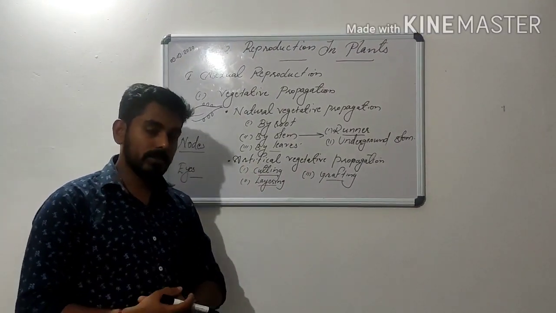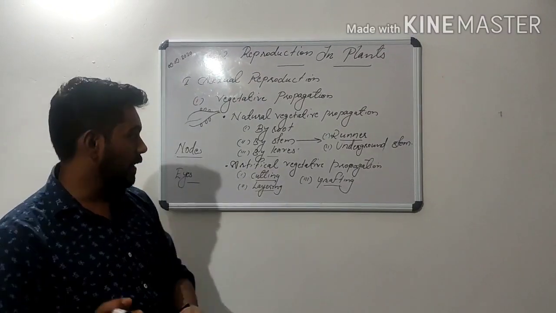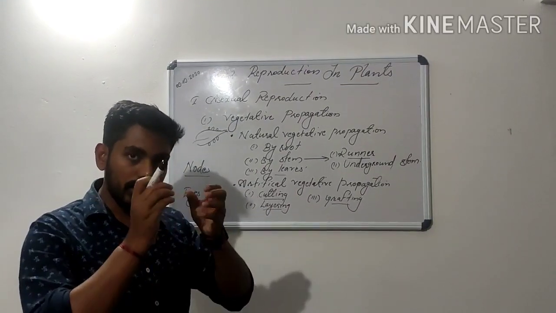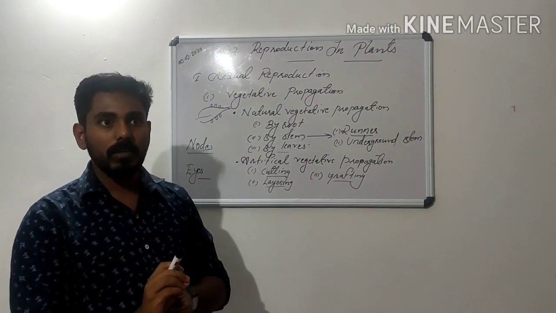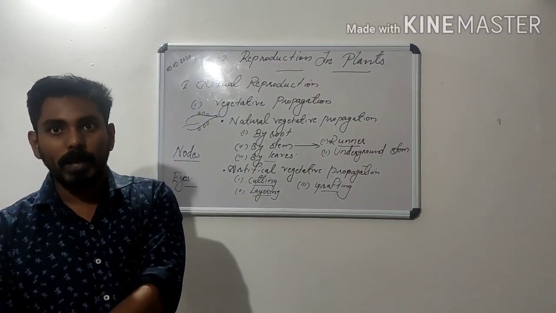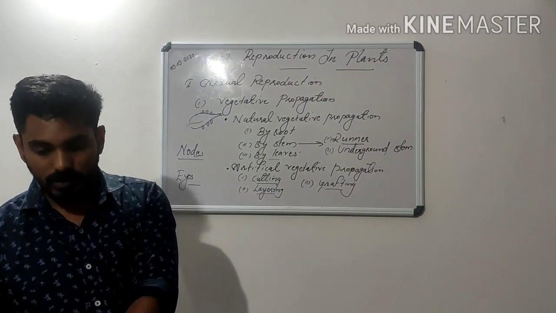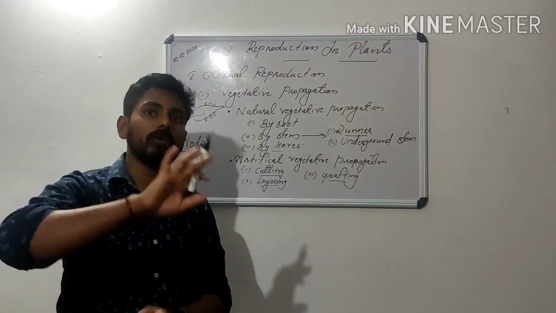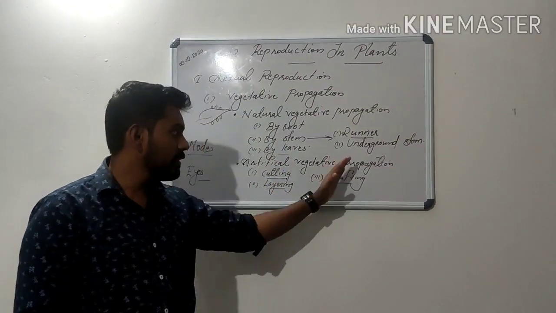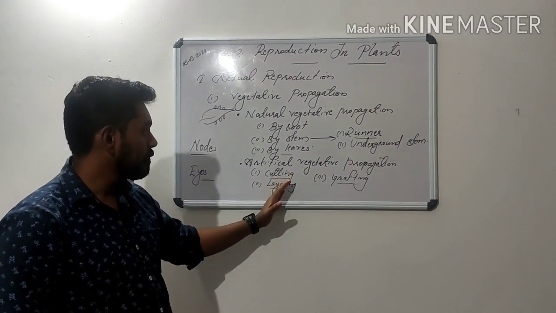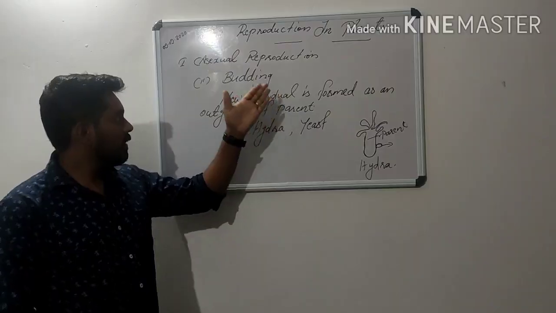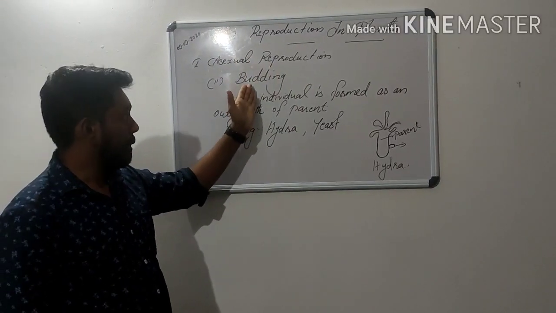You can see that different colors of rose are made by cutting of its stem. When we cut the stem, it contains small parts on it. This stem will be planted in the soil at another place, and the stem will grow into a new plant. So these are cutting. These are the artificial vegetative propagation of plants: cutting, layering, grafting.